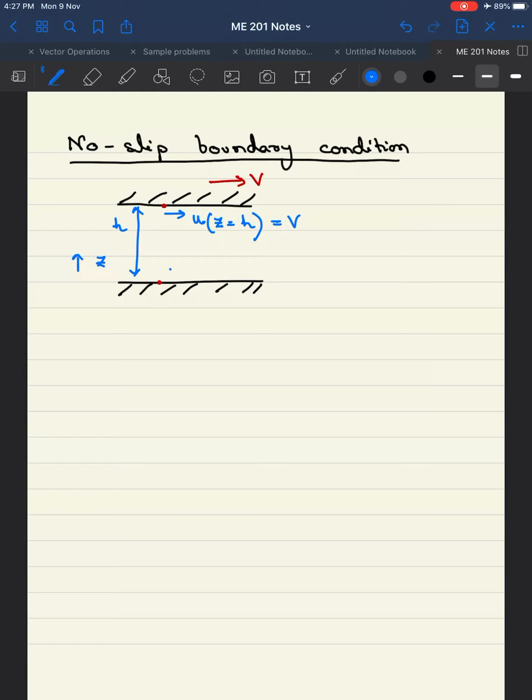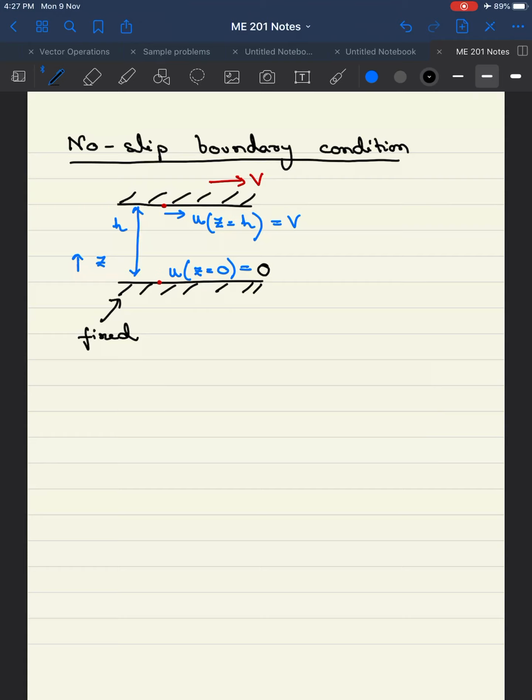At this other point, if you have one dimensional flow and u is the velocity in the tangential direction, then here at z equal to 0, let's say this wall is fixed. So what will be the velocity here under the no slip condition? My tangential velocity has to equal the velocity of the wall, and my wall is not moving, so this velocity is 0.